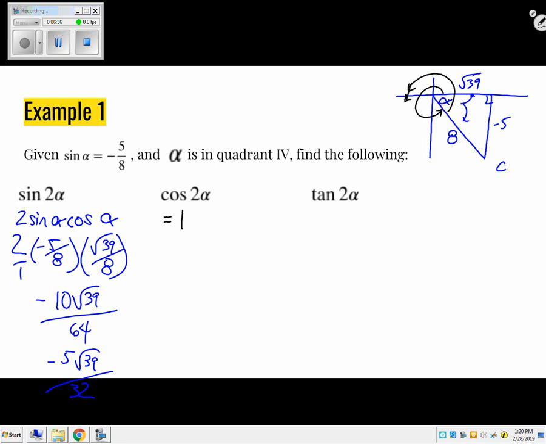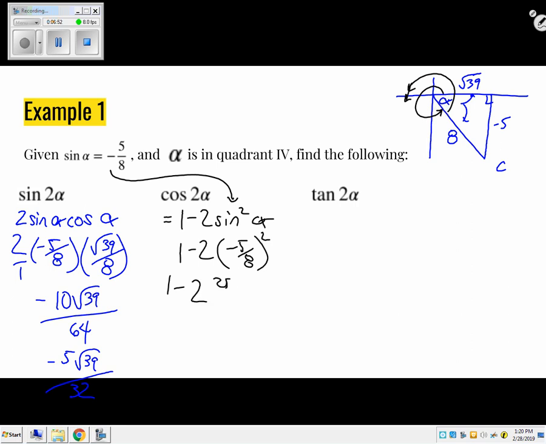Okay, so 1 minus 2 sine squared alpha. I like this one because I can just bring down this sine value here and square it. So negative 5/8. So what's that, 25/64? So 50/64?